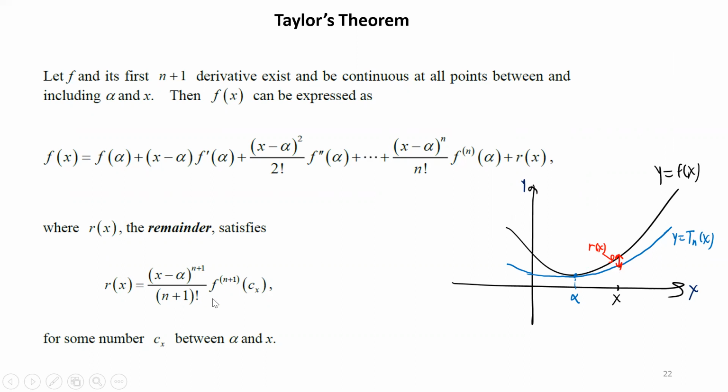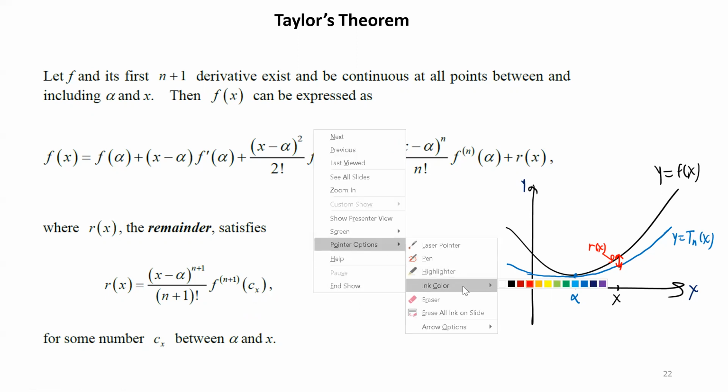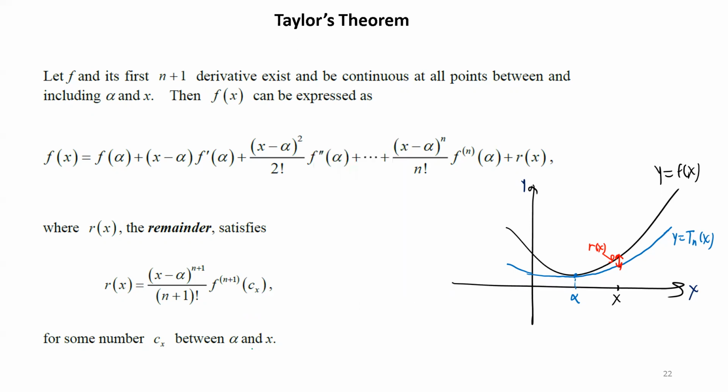The Taylor theorem tells us that it can be written like this. But it is not going to tell you exactly how much you have over here, because Cx is some number that we don't know. The theorem only tells you that it exists and that it is somewhere between this interval.